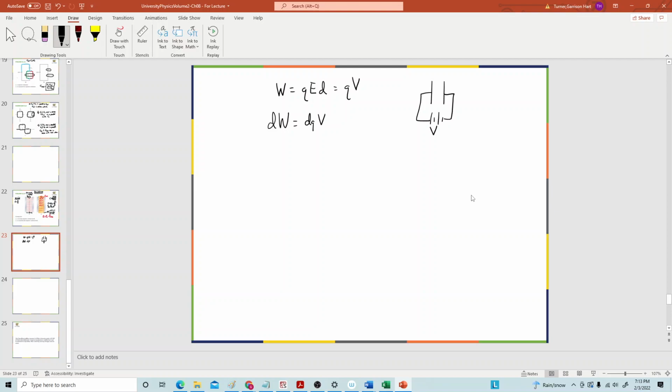So that's the amount of work that it takes to pull an infinitesimal amount of charge at some voltage.